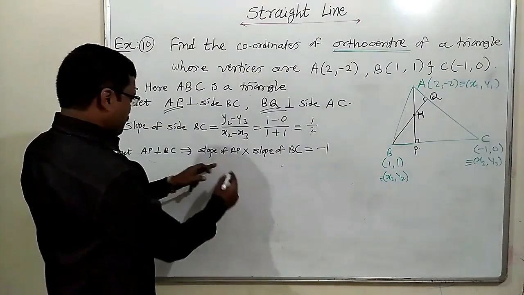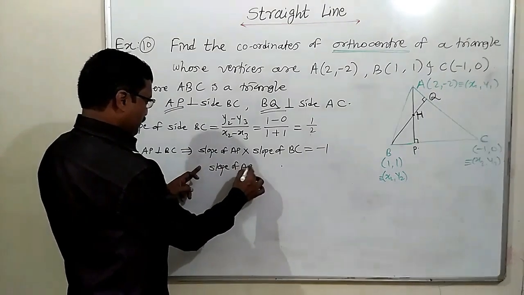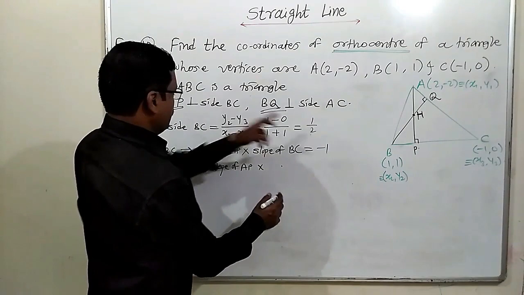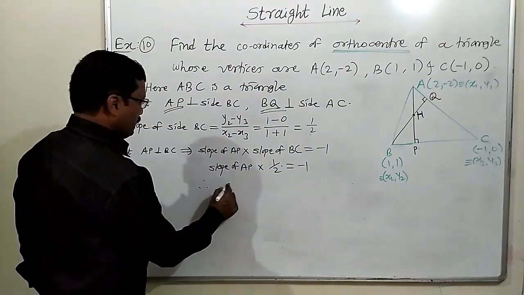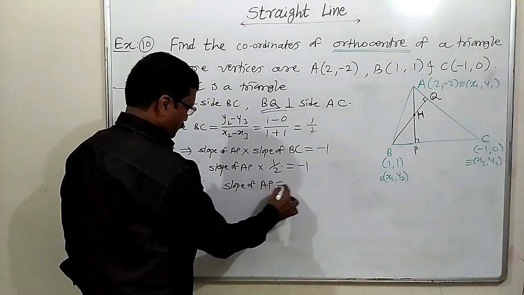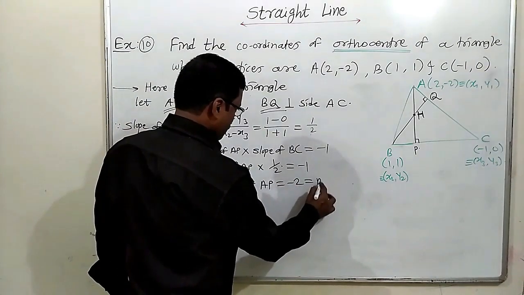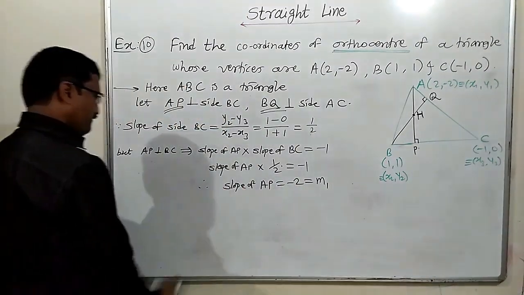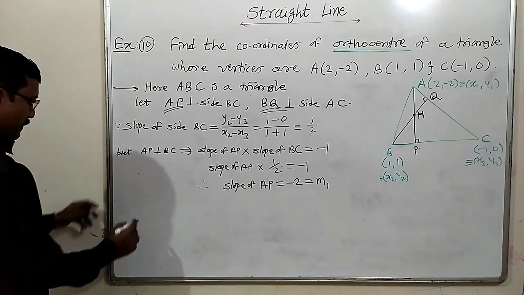So slope of AP into slope of BC, which is half, is equal to minus 1. Therefore slope of AP is equal to minus 1. We can consider it as M1. So here M1 equal to minus 1.